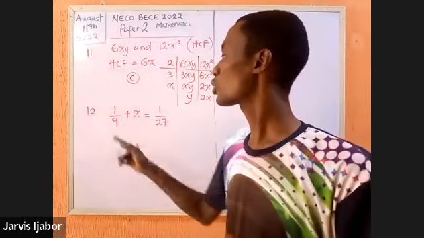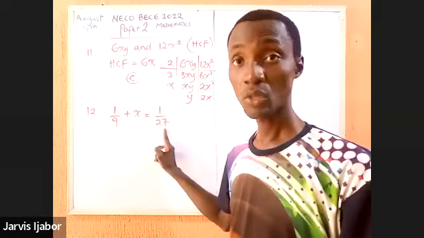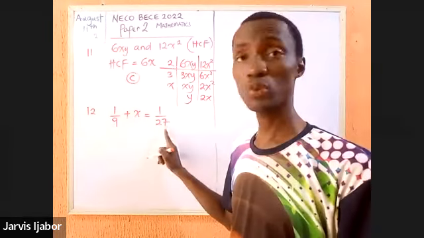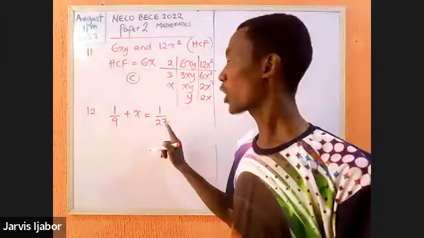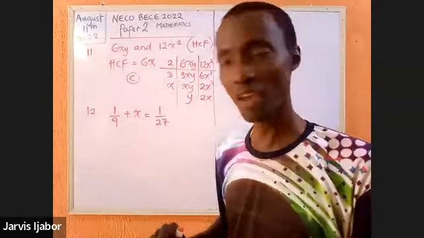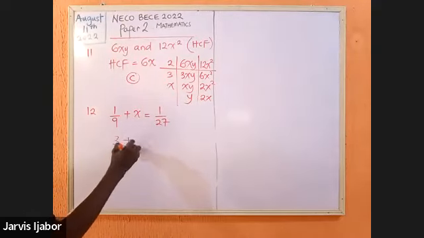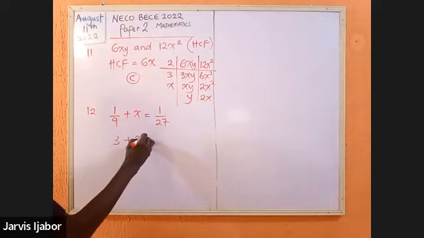What I will simply do is to look for the LCM of 9 and 27. Obviously, it will be 27. So I multiply each item by 27. If I multiply this by 27, I'm going to get 3. If I multiply this by 27, I'm going to get 27x.